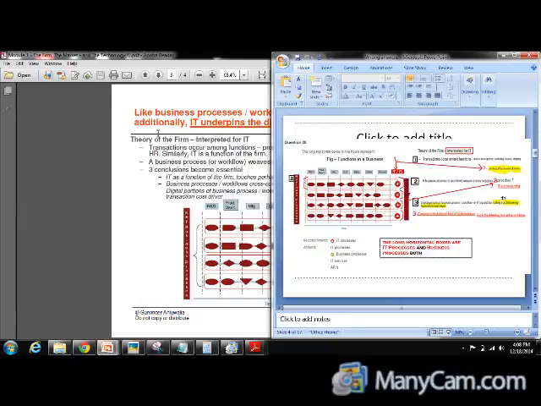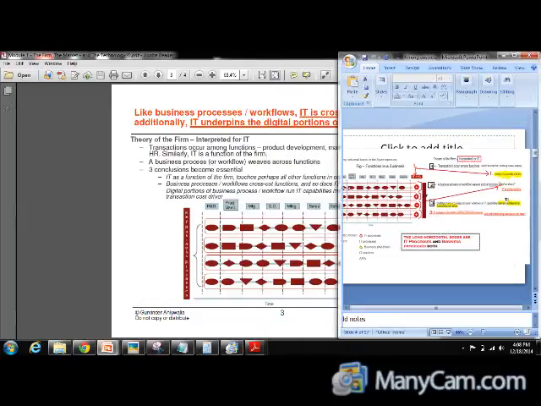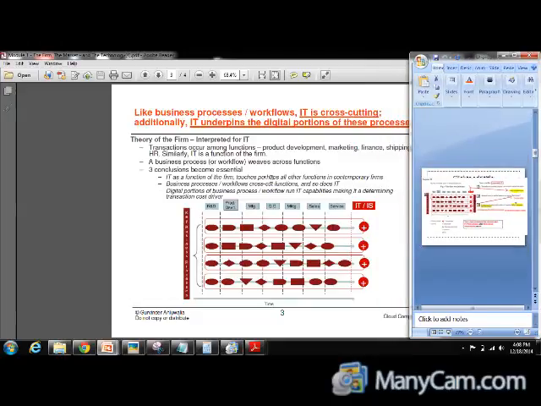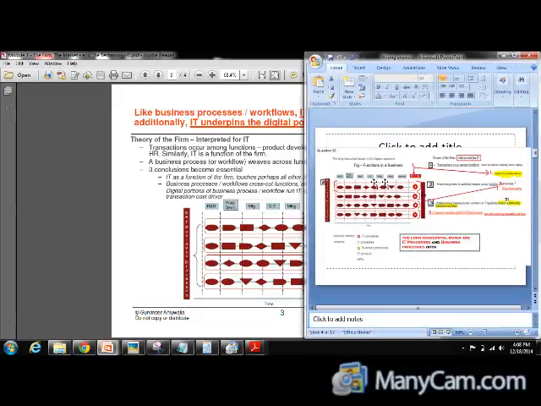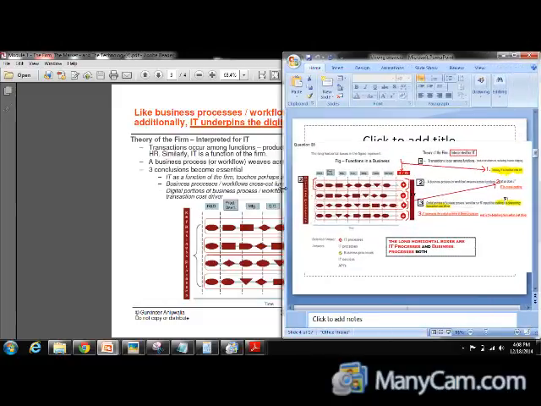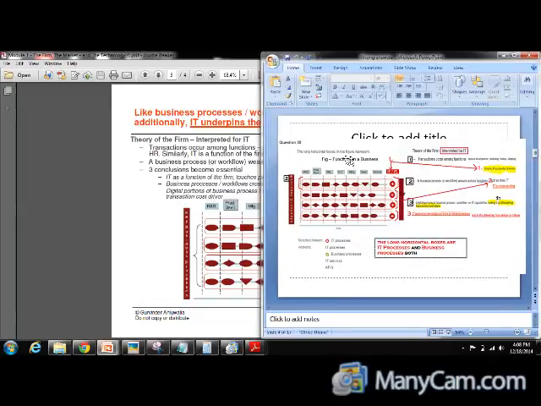So the module is talking about theory of firm interpreted for IT. Transactions occur amongst functions, product development, finance, marketing, shipping, HR. Similarly, IT is a function of firm. And then these three conclusions are given. So I am just taking the conclusions from the main context being discussed.